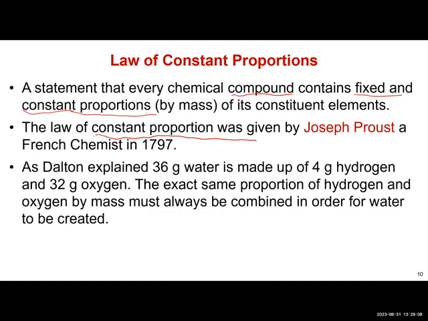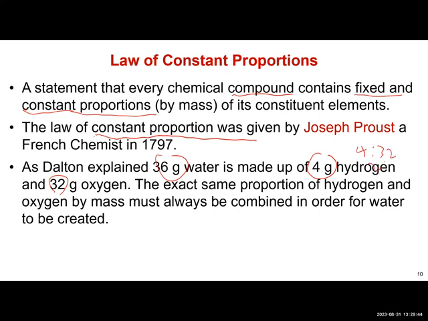Dalton explained it this way. If you take 36 grams of water, it can be broken down into 4 grams of hydrogen and 32 grams of oxygen. The law of conservation of mass is observed. Also, the ratio is 4 to 32.